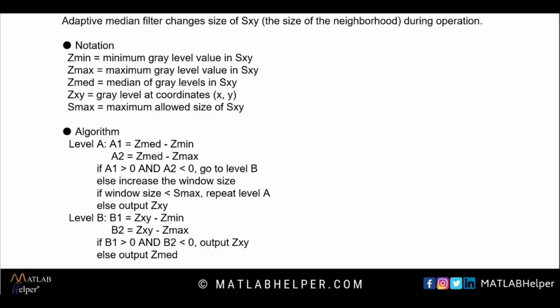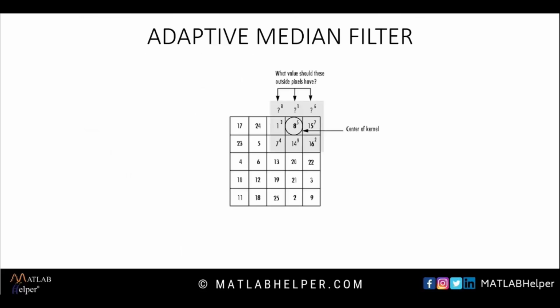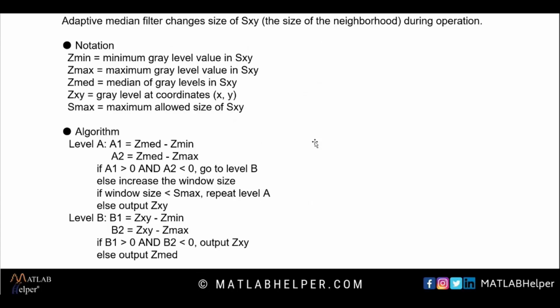Now let's consider the algorithm for adaptive median filter. The notations that you must remember are Z minimum, which is the minimum of the windowing area. Consider SXY as the area we will be considering. If it is a 3x3 matrix, then SXY would be comprised of 9 elements, and SXY for a 5x5 window will have 25 elements, and for a 7x7 window will have 49 elements.